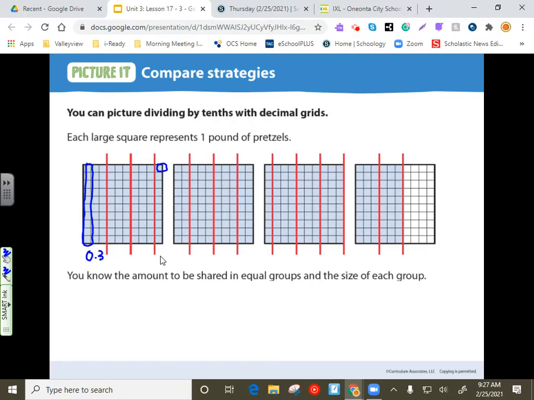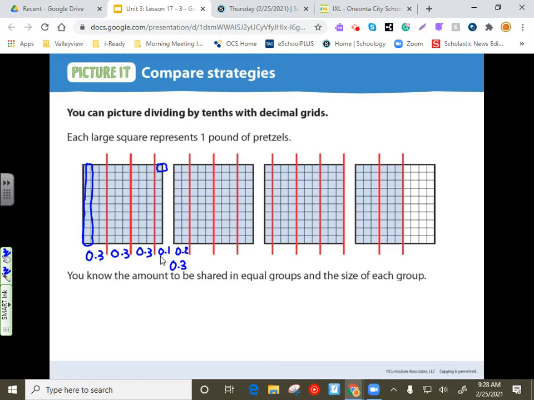That's 3/10, 3/10, 3/10. And this is something interesting. We have 1/10 here, and then we have 2 over here for a total of 3/10. I wanted to point this out to show you that sometimes when you're using models or grids, you might have to grab some from another grid to get a full portion.